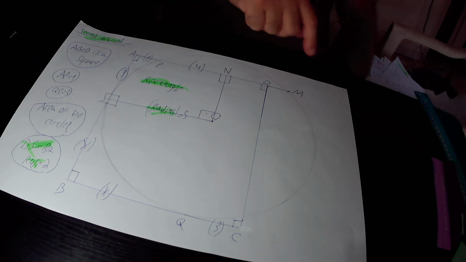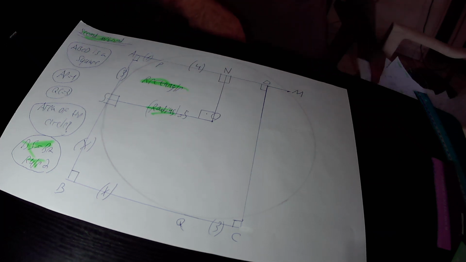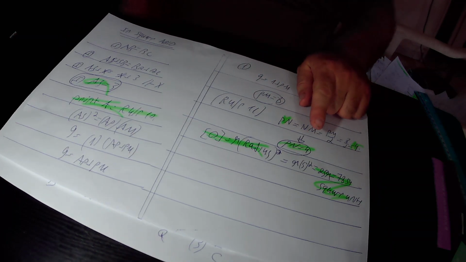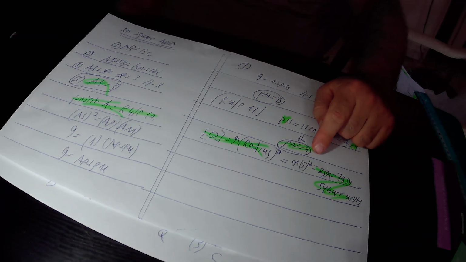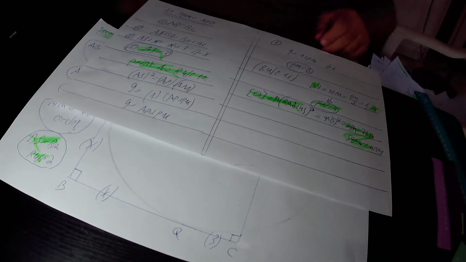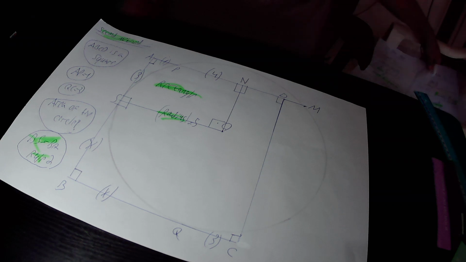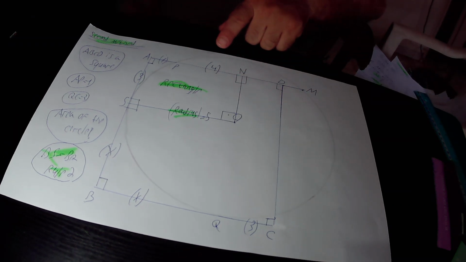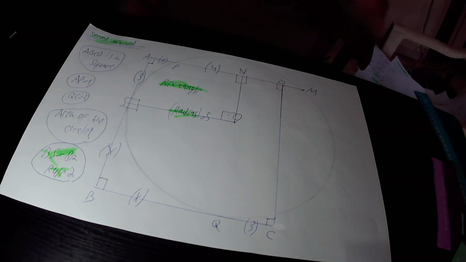Our mission is to find out the area of this circle. Actually, the area of any circle equals pi times the radius of the circle squared. But before that, we join points O and S together by a straight line.